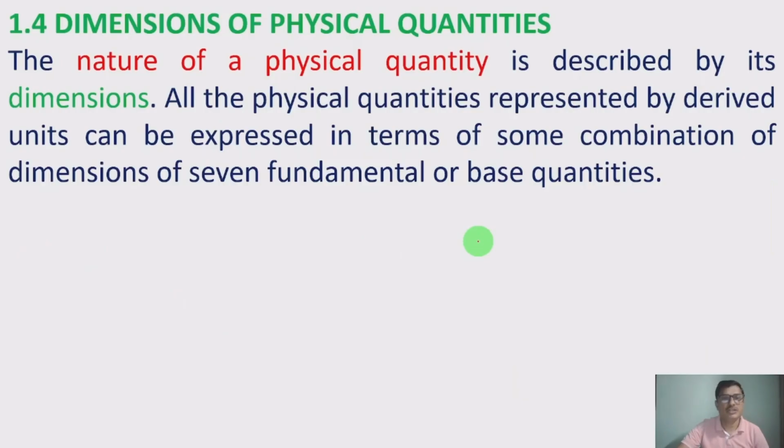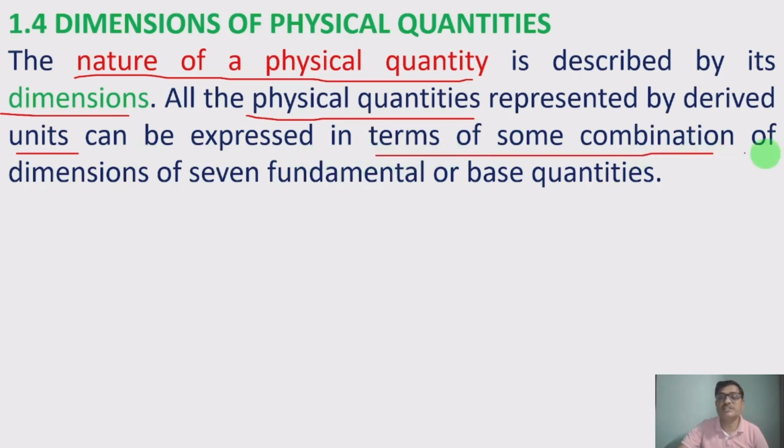First, the dimensions of physical quantities. The nature of a physical quantity is described by its dimensions. All the physical quantities are represented by derived units and can be expressed in terms of some combination of dimensions of the seven fundamental or base quantities.